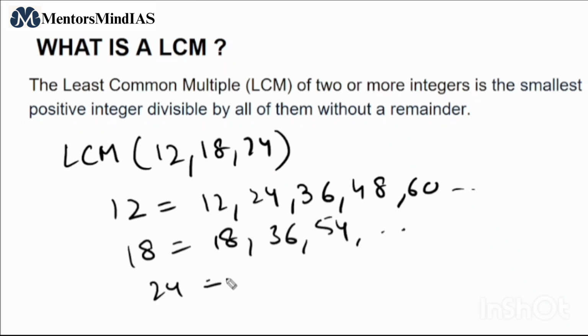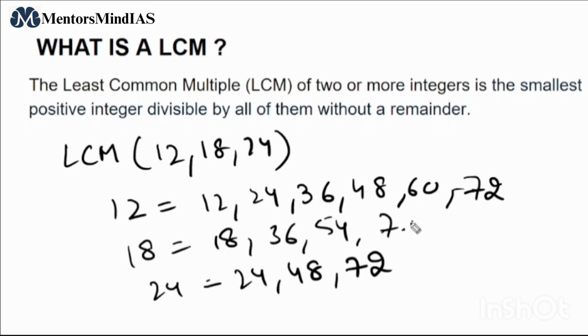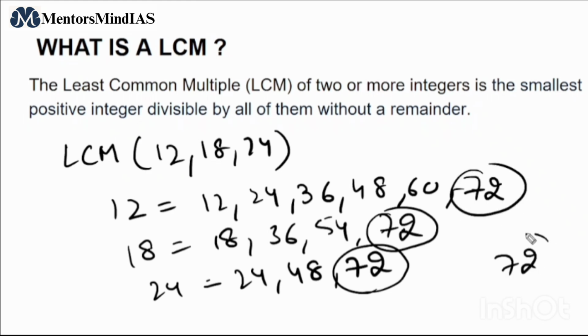For 24: 24, 48, 72. In case of 18, these multiples were not enough, I had to write more. So here the least common multiple is 72. So 72 is your answer.